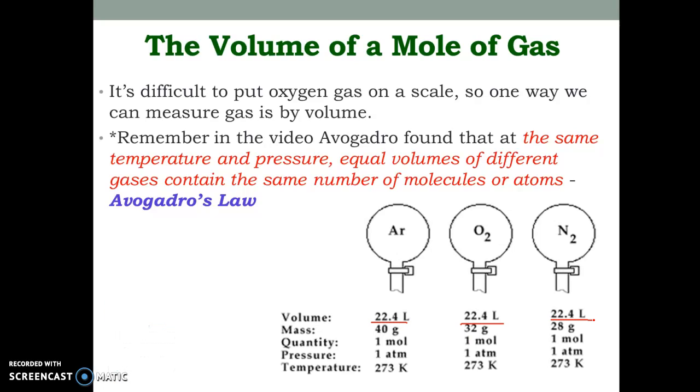Notice the mass is going to be different because each of these gases has a different mass. But if I have that same quantity, 1 mole, it's always going to have a volume of 22.4 liters.